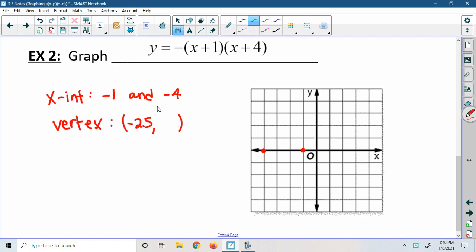You'll definitely want to use a calculator when you plug in negative 2.5. It'll be a real pain by hand. But I believe it comes out to be 2.25 when you do it on your calculator. So negative 2.5 comma 2.25, we'll say that's about there. And then you have enough to make your parabola. We knew this one was going to be a frowny face parabola because of the negative right there.